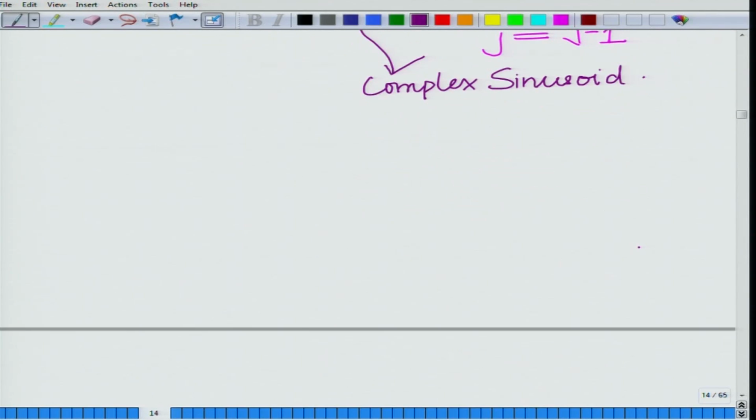And yet another important classification of signals is deterministic and random signals.